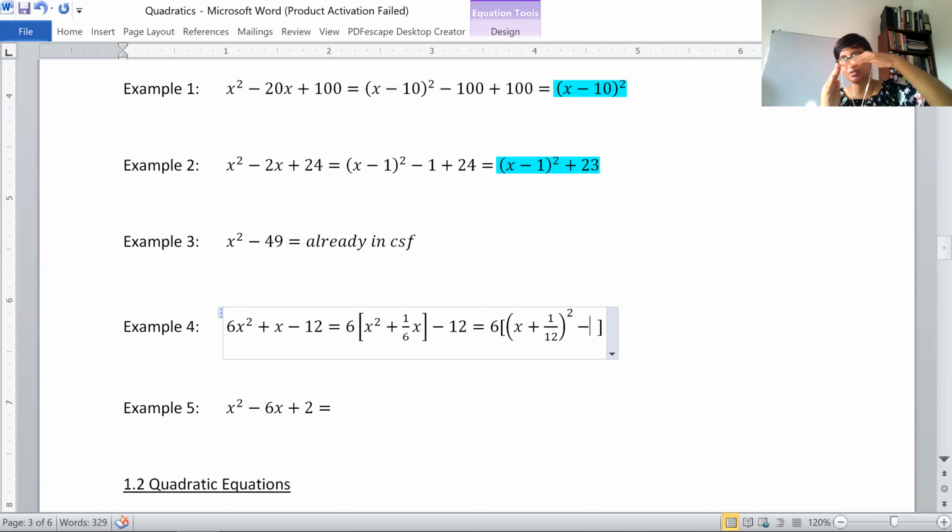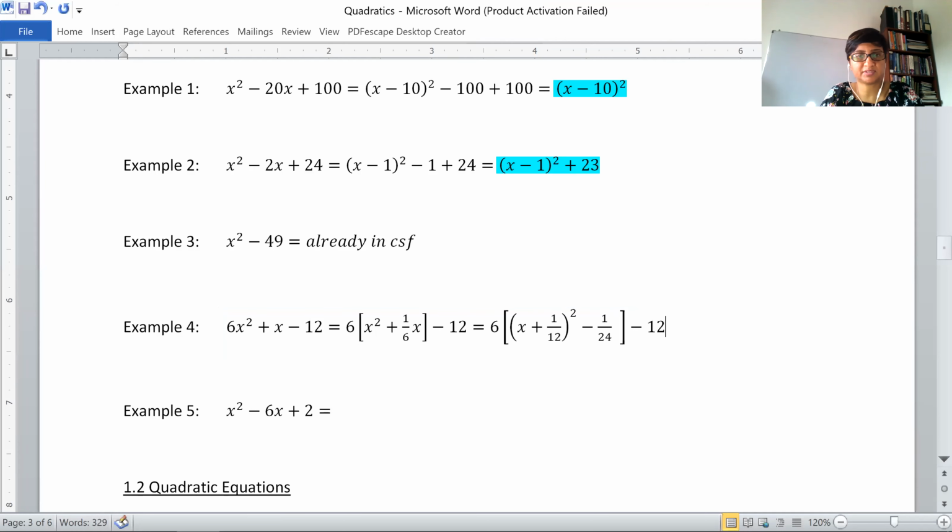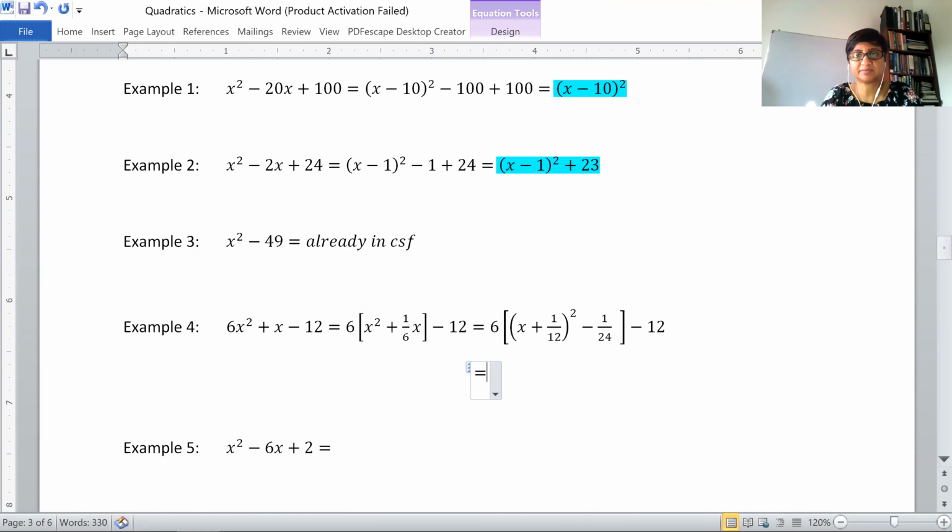That is 1/24. And then you have the minus 12 outside. Then let me go down. Okay. Equals.